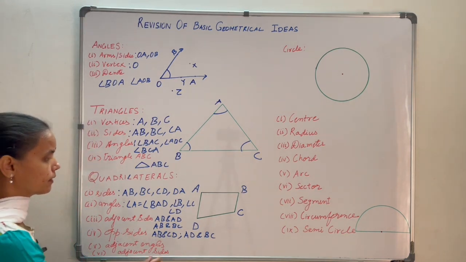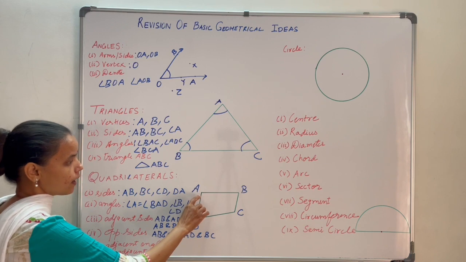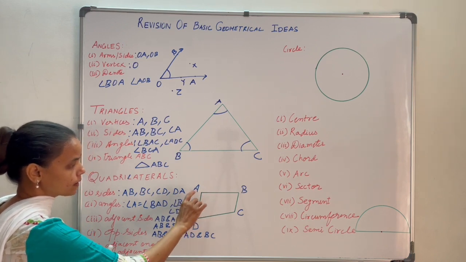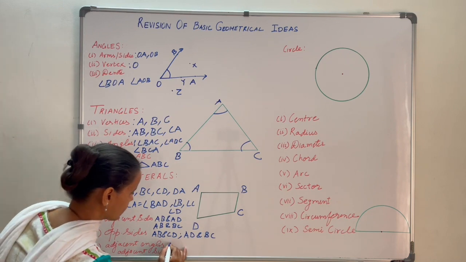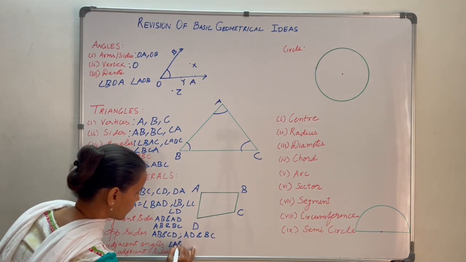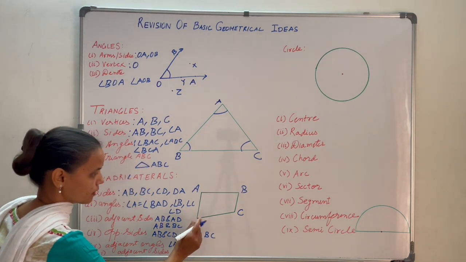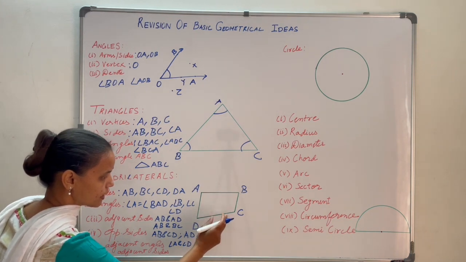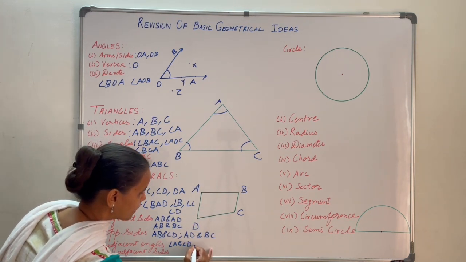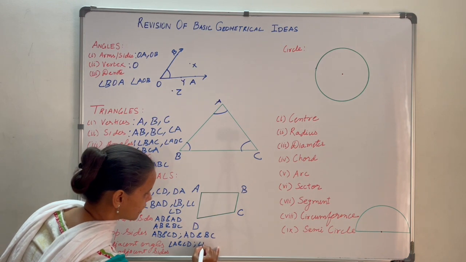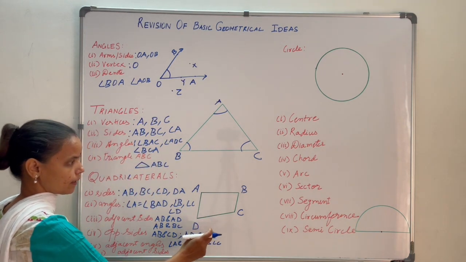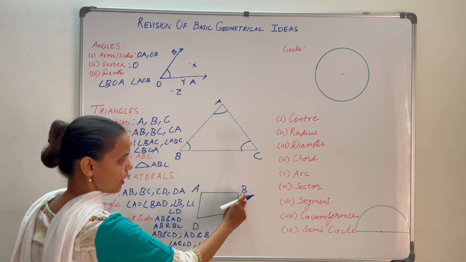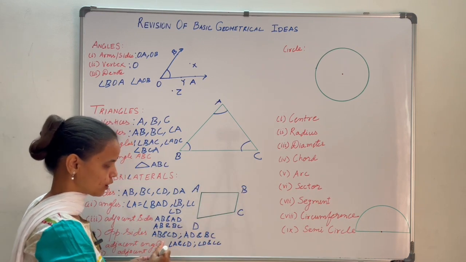Adjacent angles, they are at the end points of the side. So angle A and angle D are the adjacent angles. Similarly, if you take CD as the side, then angle D and angle C are the adjacent angles. Similarly, if you take BC, angle B and angle C are the adjacent angles.